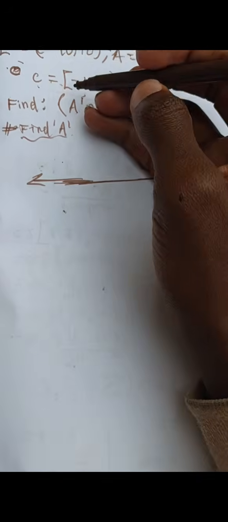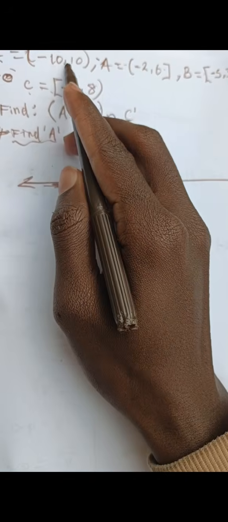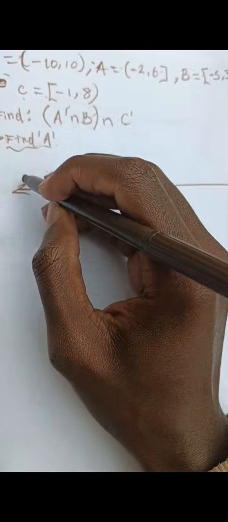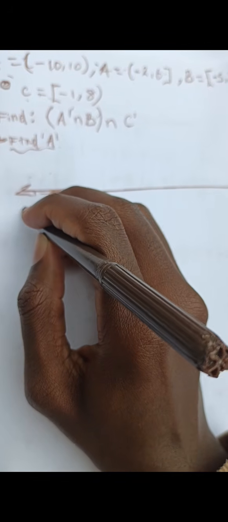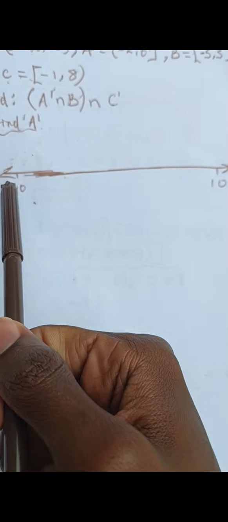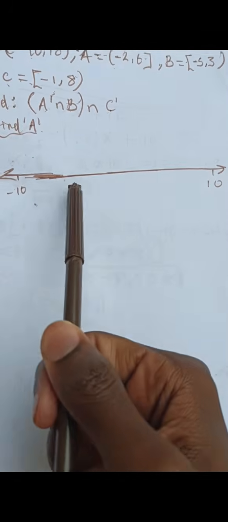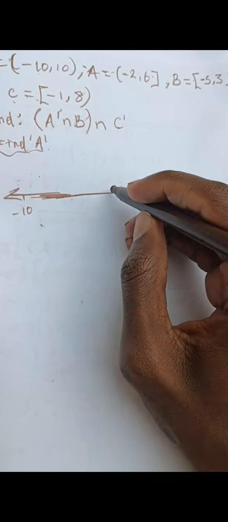The numbers in the universal set will always be appearing. So they are the ones we're going to start with, which is -10, and here there will be +10. But if we didn't have the universal set, it would have been infinities here. Make sure that you take note of that.